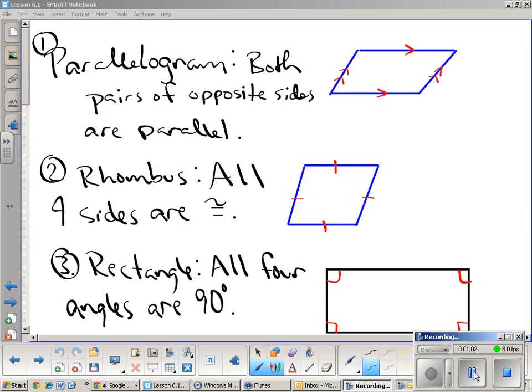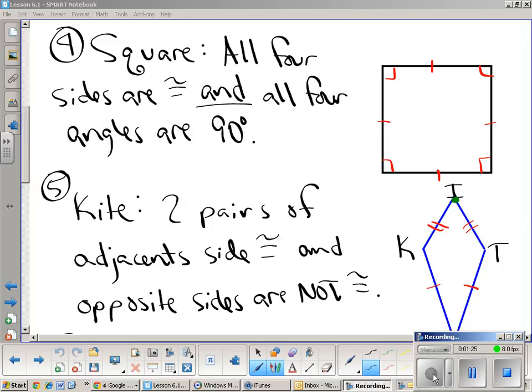The first one's a parallelogram, in which both pairs of opposite sides are parallel. We have a rhombus, in which all four sides are congruent. And we have a rectangle, all four angles are 90 degrees. Okay, here are two more. A square, in which all four sides are congruent, and all four angles are 90 degrees.